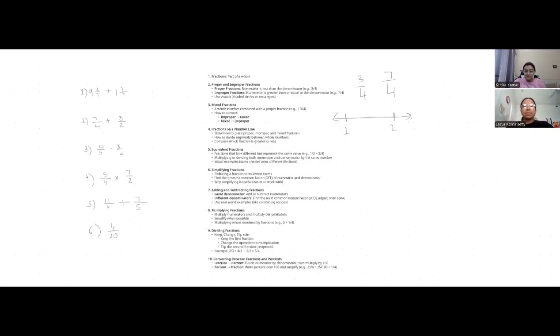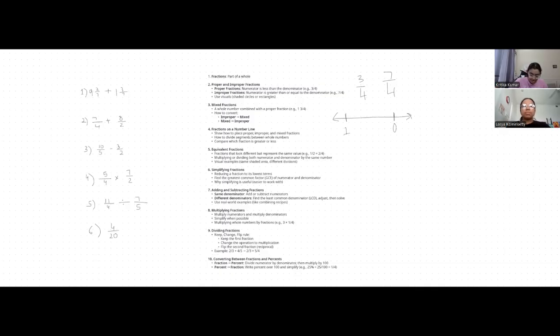Okay, so let's go back to our example of 0 and 1. If we had 0 and 1 on a number line, the way you can look at fractions between this is let's divide this space into parts.